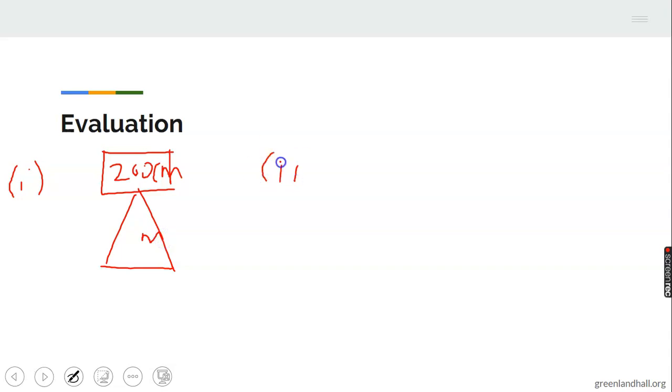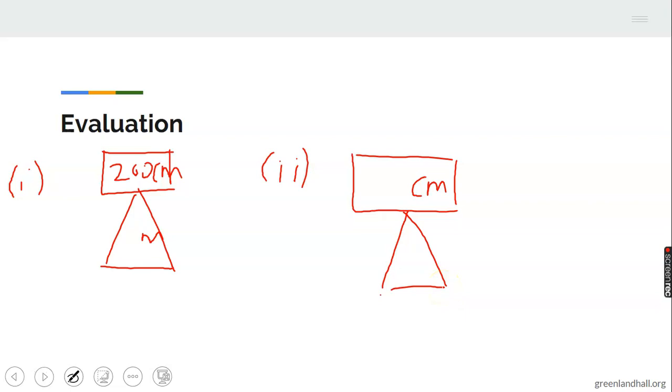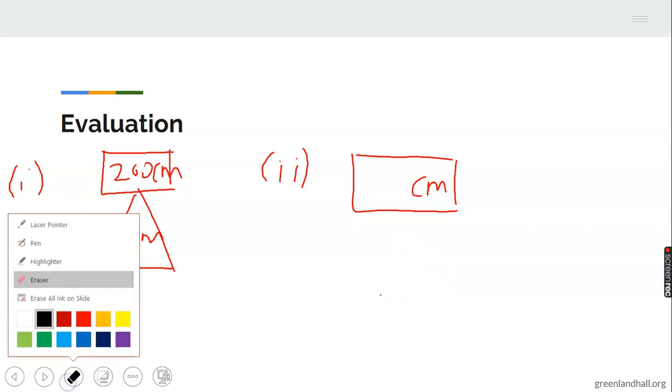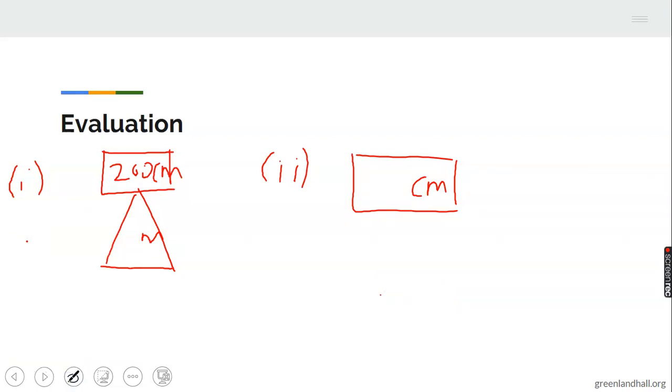Then I have 5.95 meters. So what would this be in centimeters?